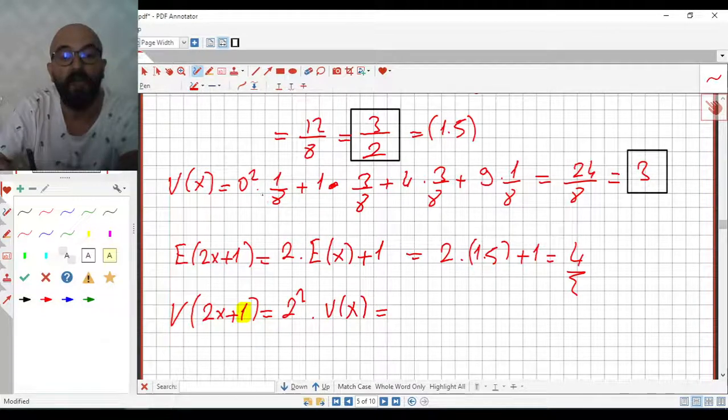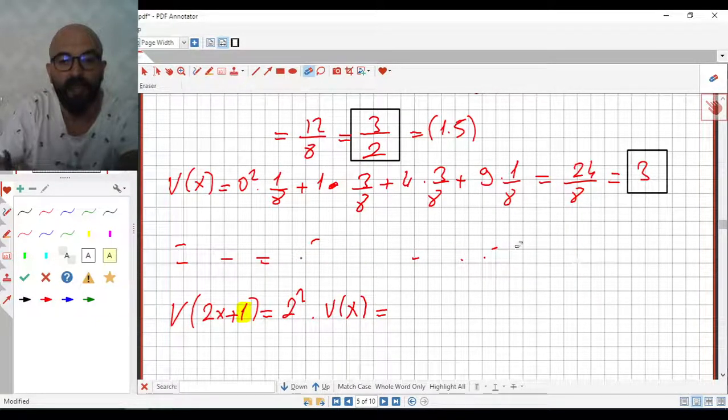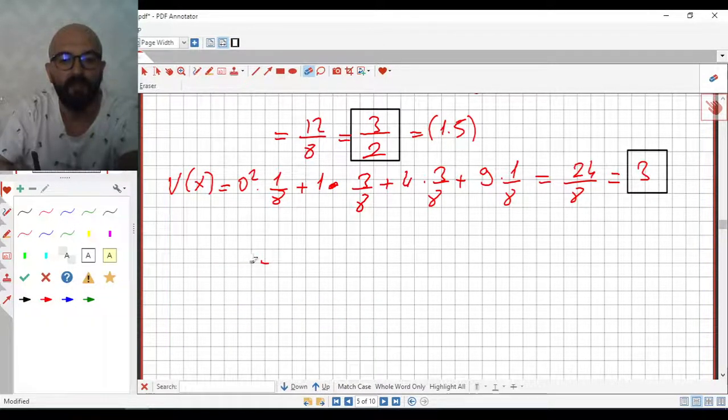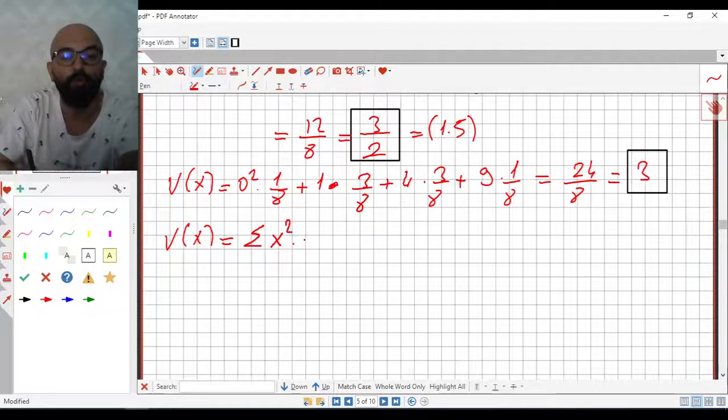Excuse me, I have made a mistake. The variance of x means the sum of x square multiply probability minus the expected value squared.